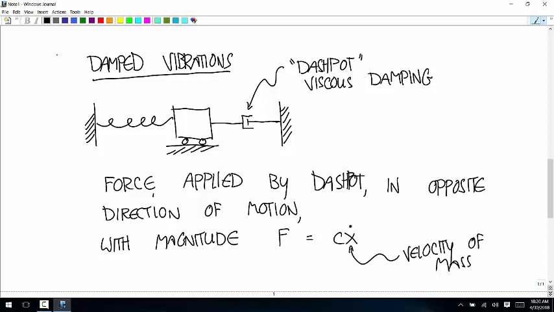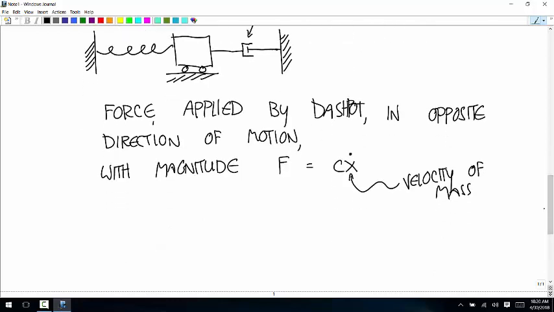But if you move it fast, it applies a big force resisting that motion. And so that's what any kind of fluid, lubricant, or anything with viscosity behaves like. And so this is different than friction as you've seen in the past.